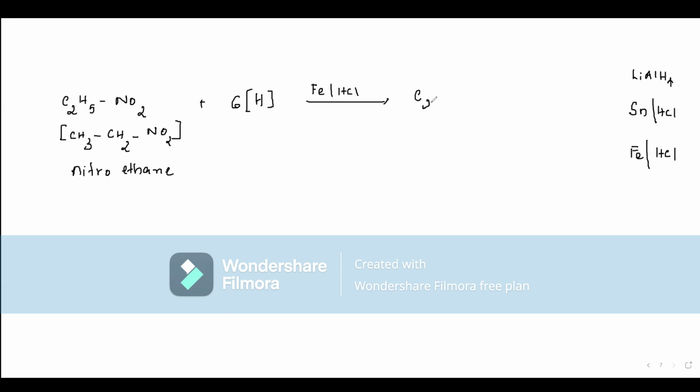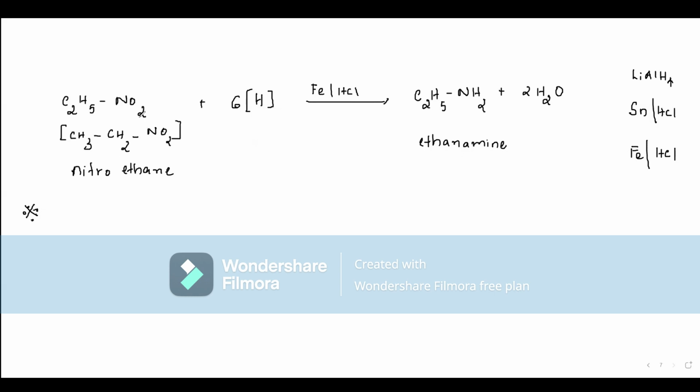The product is C2H5NH2 and 2 molecules of water. So once you study the general equation, the rest becomes easy. Here the product is ethanamine. We have already learnt the name, so this is easy to understand.